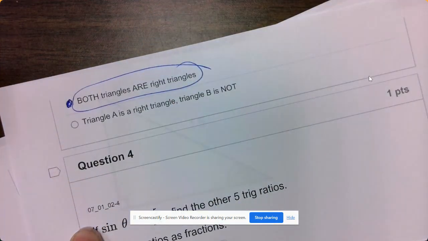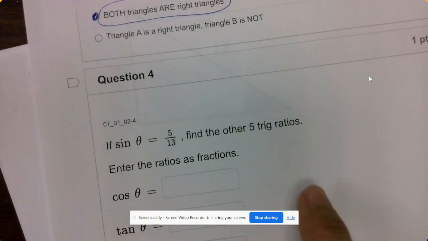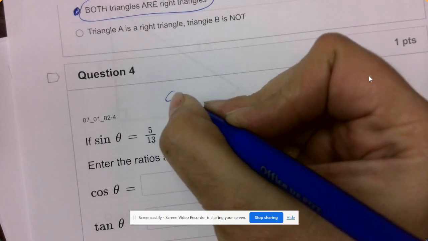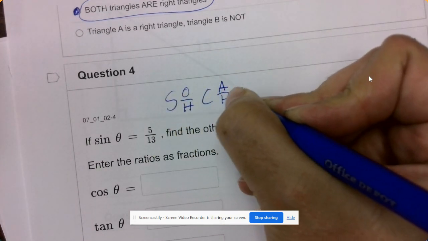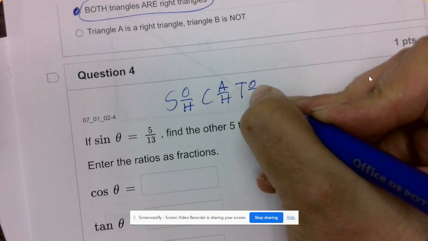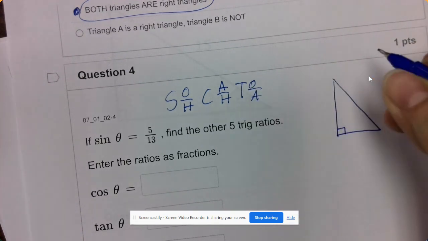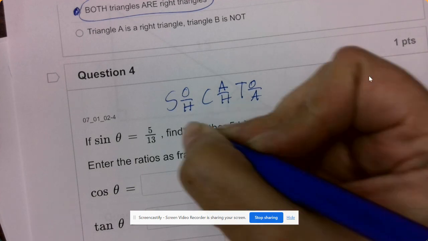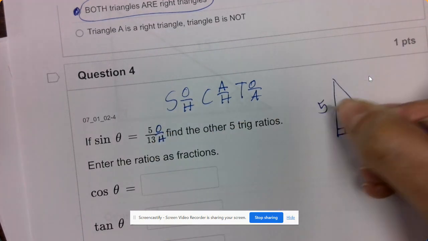Okay. For the next one, if the sine has a ratio, find the other 6. Notice I keep writing SOHCAHTOA. Make sure you do that. Wherever theta is, this is opposite over hypotenuse, so we're going to have 5 over 13.